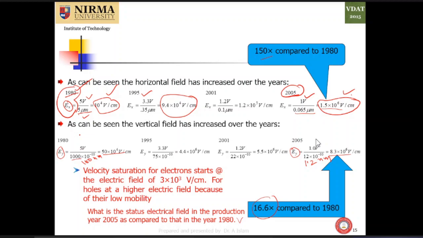Here if you come, it is 1.0 volt divided by 12 to the power minus 10. It is 1.1 nanometer, I think. This is what in nanometer, how much is it? 0.065 micrometer, so how much is it in nanometer? Shashank?